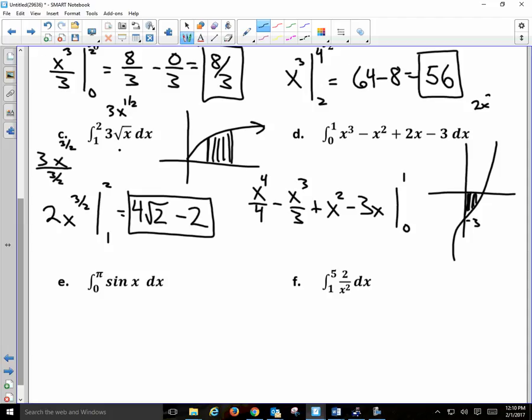Right, 2x squared over 2, very good. That's why I get the x squared. And the 3, it's 3x to the 0. Raise the 0 to 1, and you get 3x to the first over 1, which is 3x.